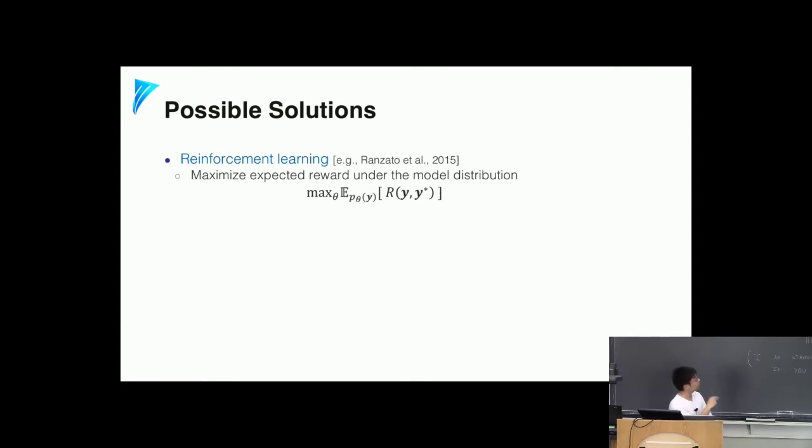It is a real valued function. So given a y and y star, it will return a real score. And we want to train this model to maximize this expectation. Basically, we want this model to generate the samples that can maximize this reward function.